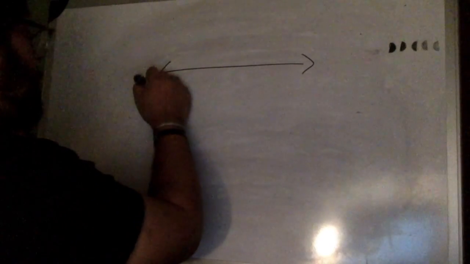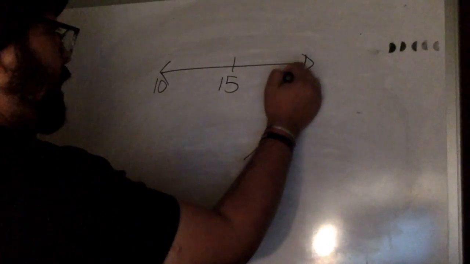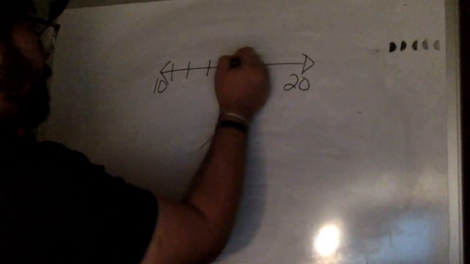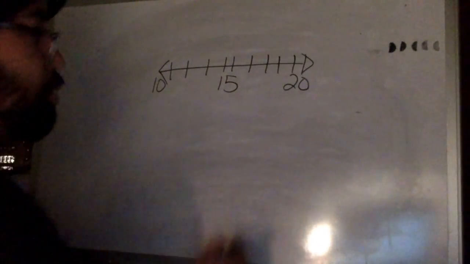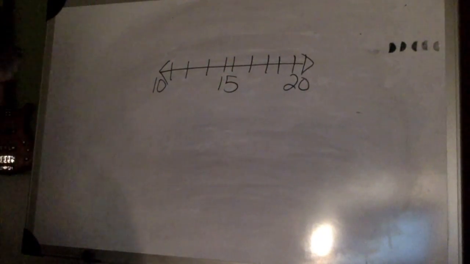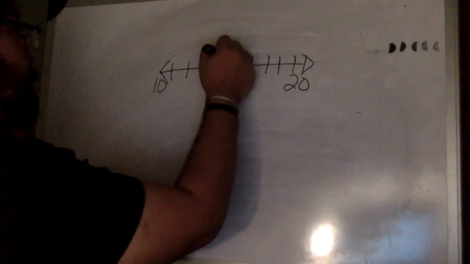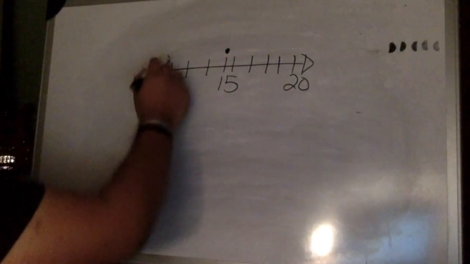We'll draw 10, the middle, 15, and 20, then 11, 12, 13, 14, 15, 16, 17, 18, 19, and 20. Let's find 14: 11, 12, 13, 14. And 14 to the nearest 10 would round down.